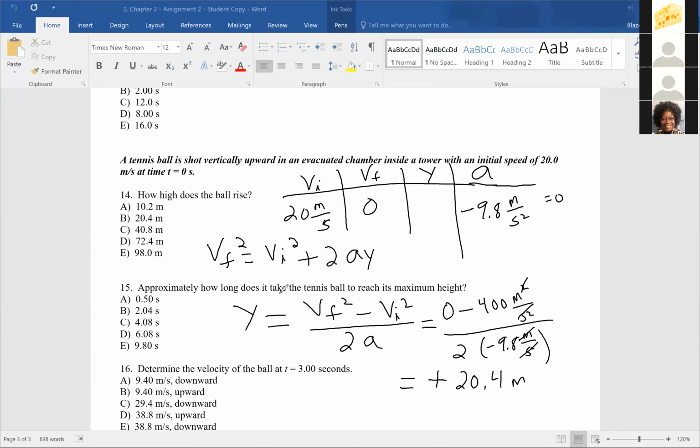Approximately, how long does it take the tennis ball to reach that? So now, given the same given that we have here, we can solve for time. That didn't want to go away for some reason.